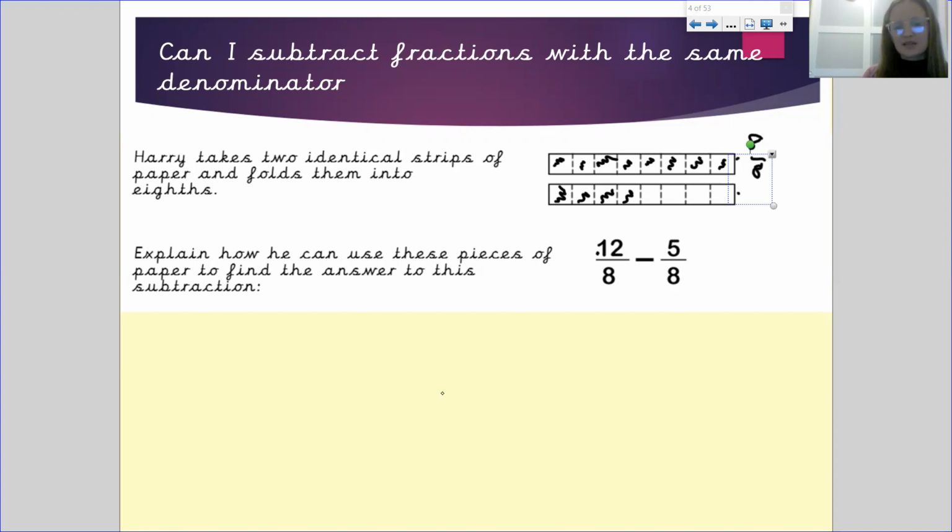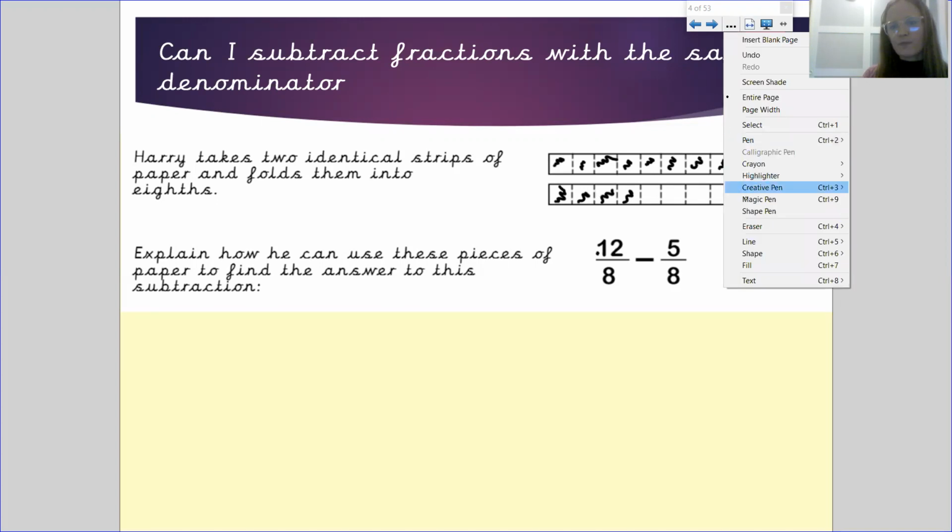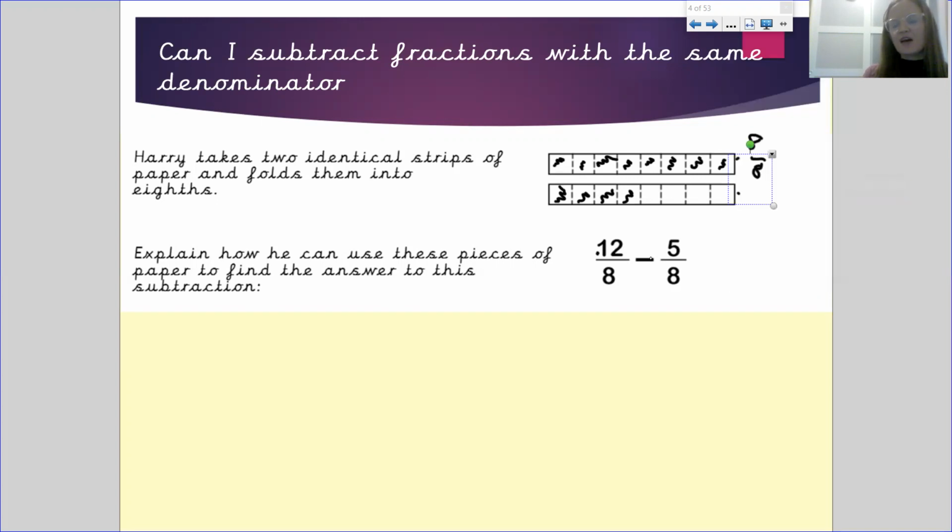So if I used a different color, let's use red, and it says to take 5/8 away from the 12/8. So I'm going to cross out 5. I'm going to go 1, 2, 3, 4, 5.